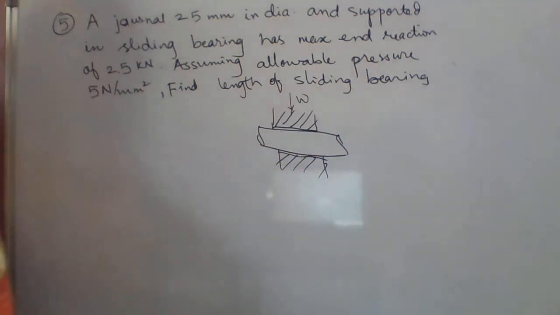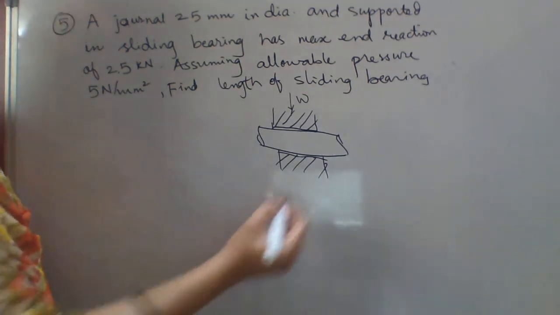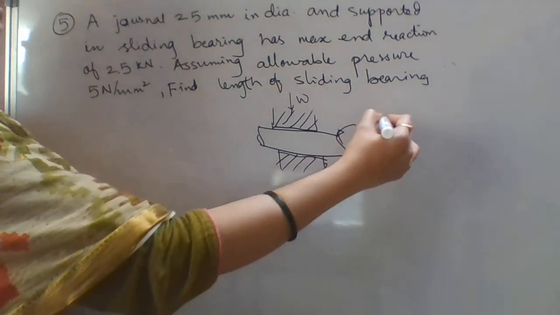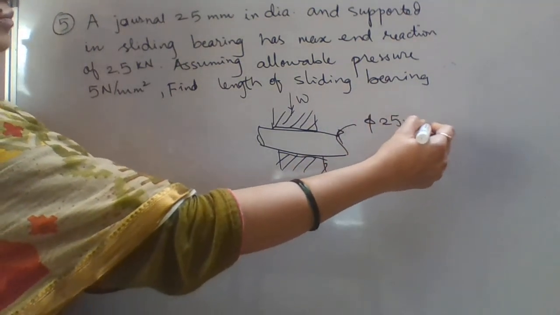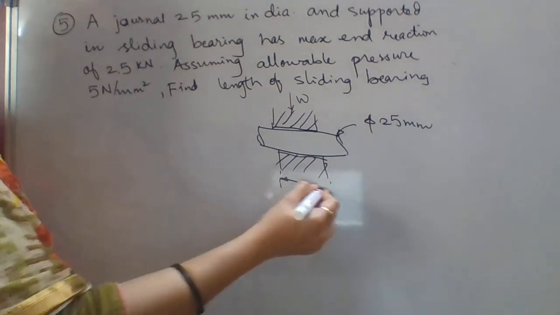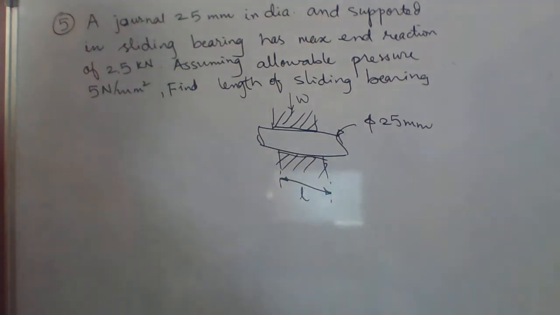So W is given, 2.5 kilonewton. The diameter of the journal is given, 25 millimeter, and the length of this sliding bearing is unknown.